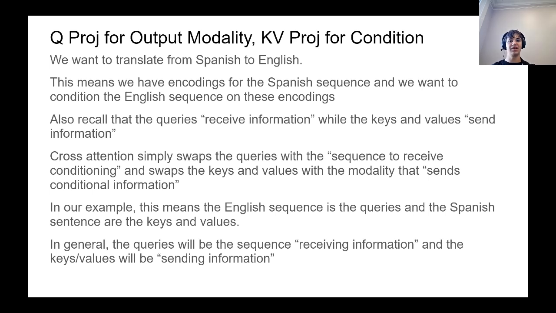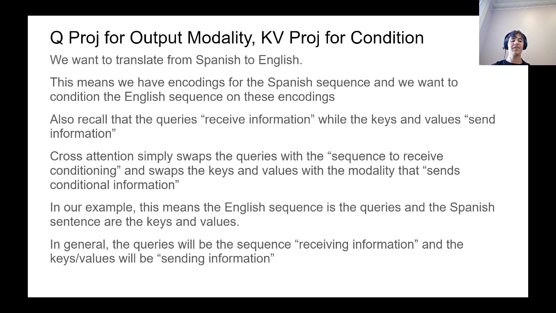So if we want to decode Spanish to English, we want the Spanish sequence to send information to the English sequence. So intuitively, you would want your queries to come from your English sequence and keys and values to come from your Spanish sequence. And in the language of conditioning, you would want your keys and values to condition your queries. So it's information you're taking from something and putting it into another sequence.